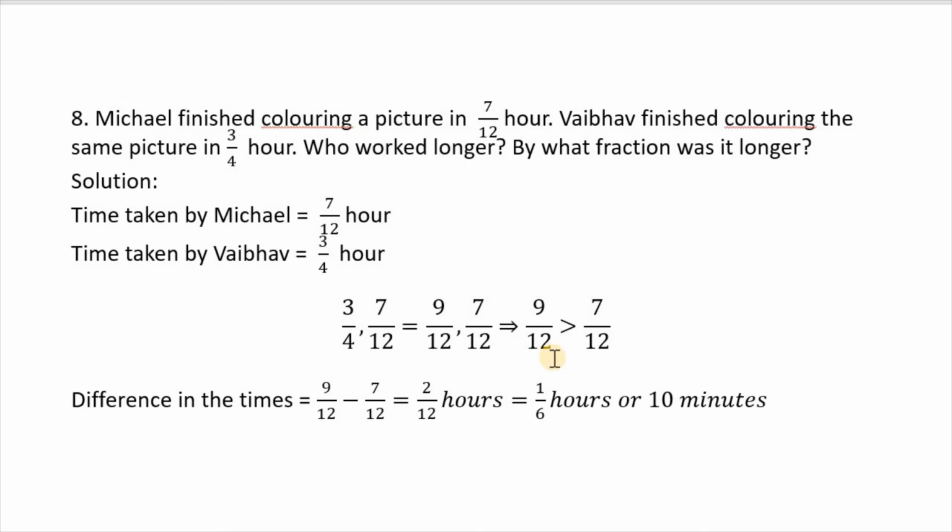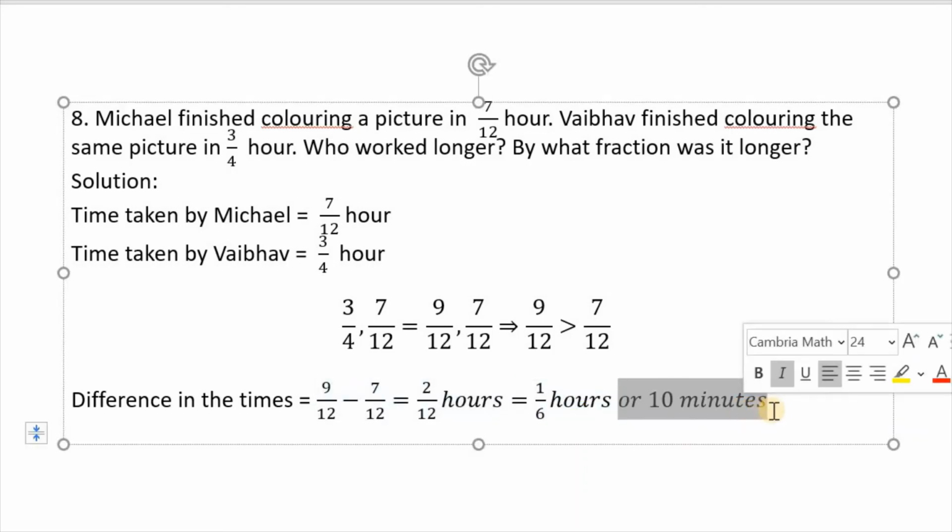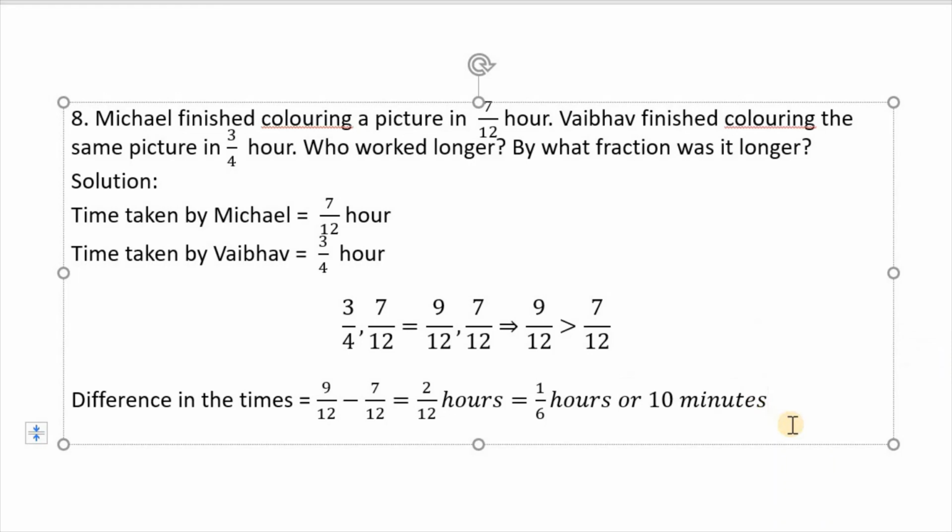Therefore we can tell that 9 by 12 is greater than 7 by 12, which implies that Michael has taken lesser time than Vaibhav and Vaibhav has worked longer. By how much has he worked longer, we have to find their difference, that is 2 by 12 hours, that is 1 by 6 hours. You can also convert it into minutes and write it as 10 minutes.